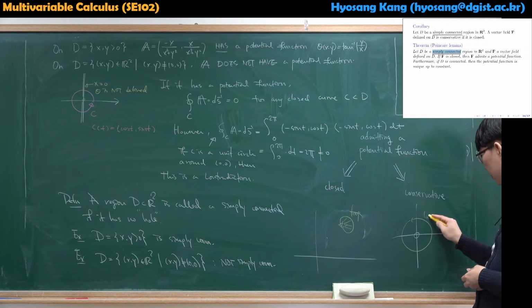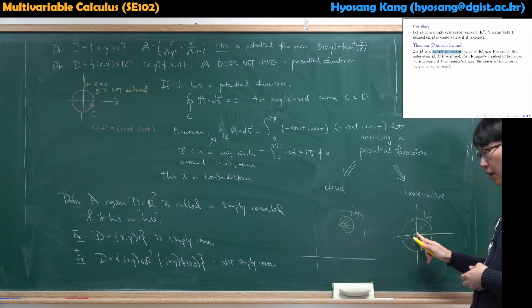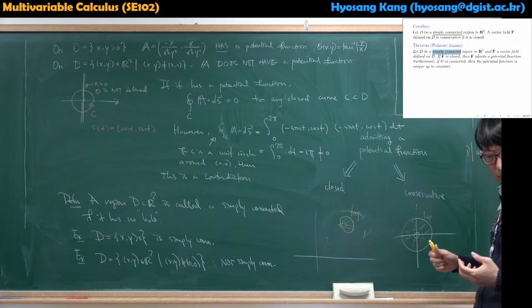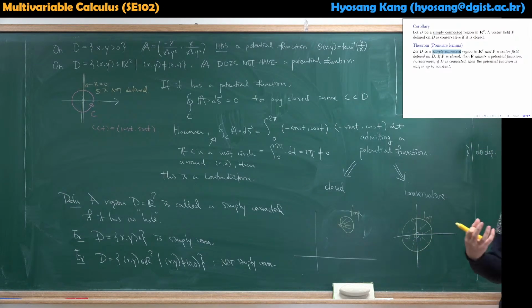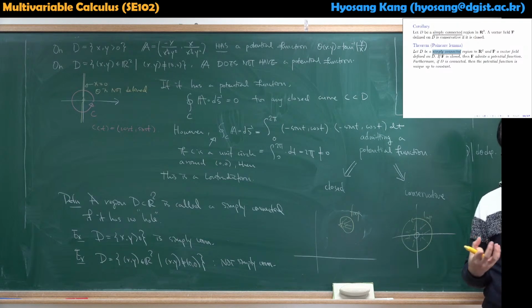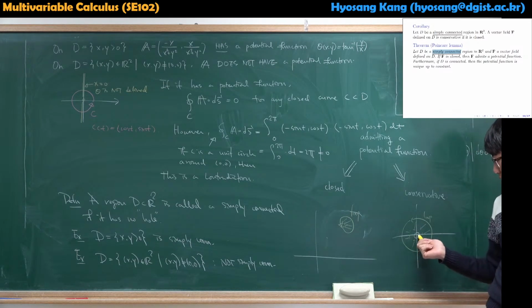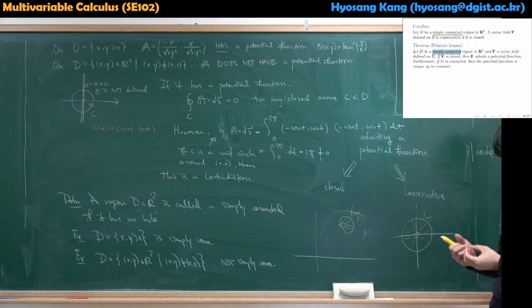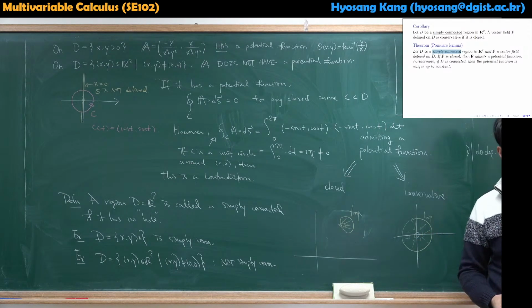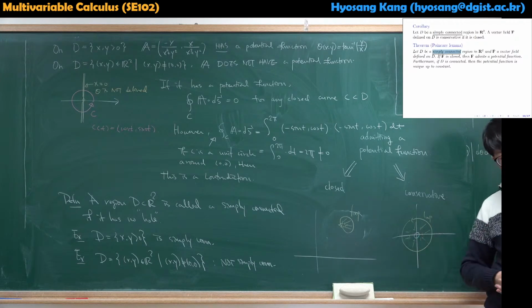This is one loop. You want to shrink this loop into a point, but you cannot do this continuously because at some point you have to jump through this missing point. You cannot shrink your loop into a point unless you break one point of the loop and then reconnect it again here. So this is not simply connected.